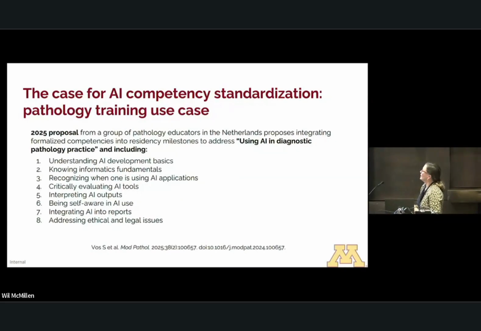And they propose that there would actually be a formal residency milestone added to address using AI in diagnostic path practice, and including most of these same elements that PEER Basics covered. And I think really also addressing, I would say inevitability, but what would go into integrating AI into reports and what that means for pathology, patient consent, et cetera.